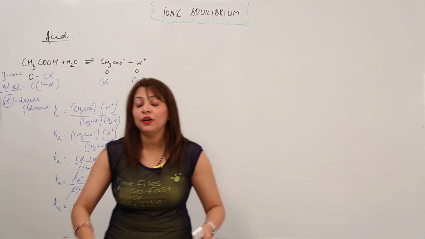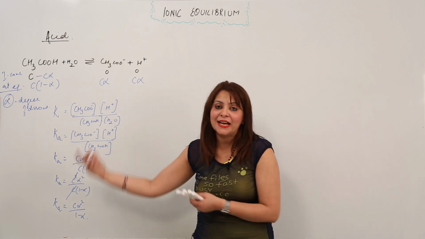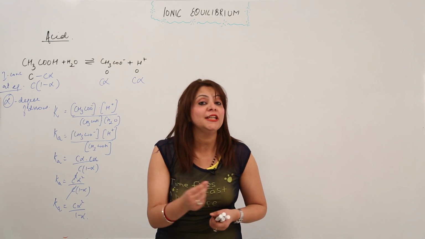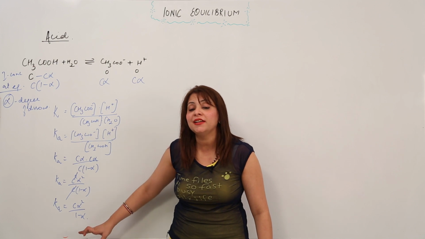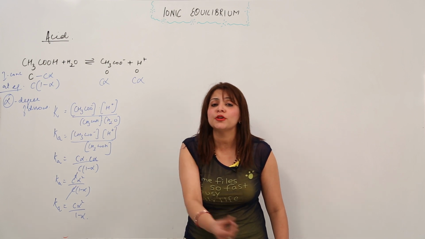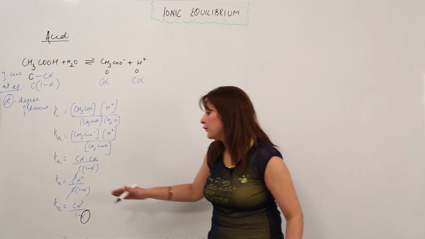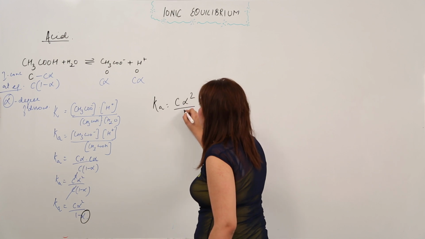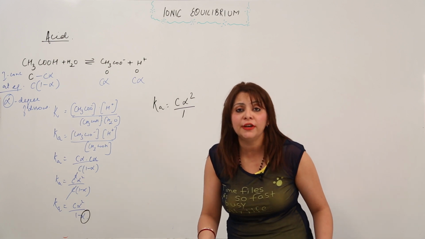We know that acetic acid is a weak acid, that means it dissociates only to a very small extent, right? So in this expression, I can neglect alpha in the denominator because it is a weak acid. After neglecting, Ka is equal to C alpha square divided by 1, right? If you write 1 or not, it doesn't make a difference.